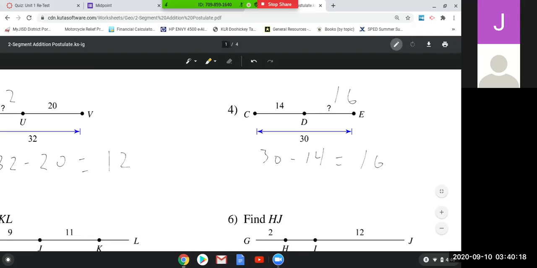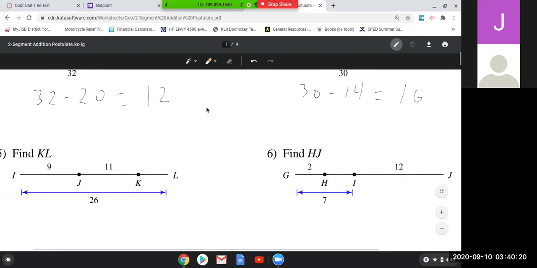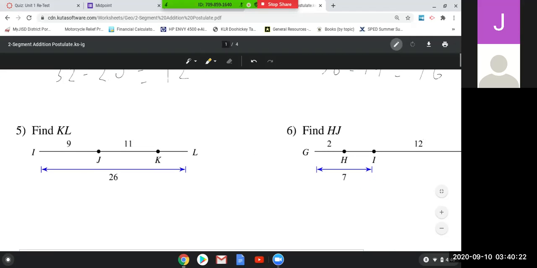All right, so we're going to go to something just slightly more complex. In this case, I'm trying to find this missing part right here, the question mark. I know the whole length from I to L has to be 26. Now it's chopped into 3 parts. So imagine you had a trip to take, and that entire trip was a 26-mile trip. You went 9 miles, you stopped, you went 11 more miles. How far have you gone so far?